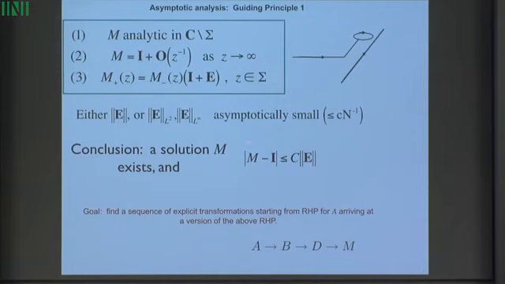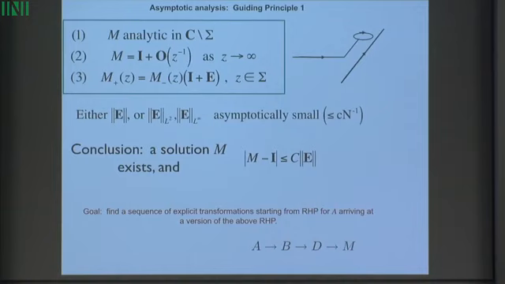I made that vague because the sense in which M is approximately the identity matrix depends upon how strong the information you have about the norm of E is. The best possible case is that M is uniformly close to the identity matrix everywhere in the plane, and for that to happen, you have to have very good regularity on the size of E.